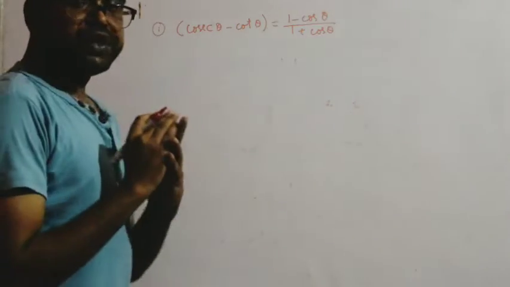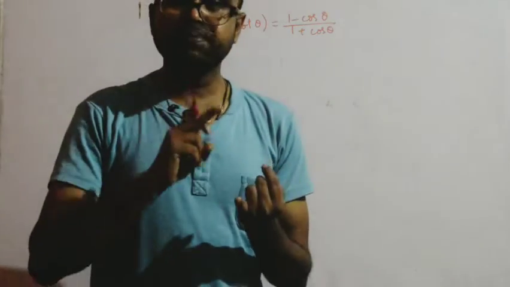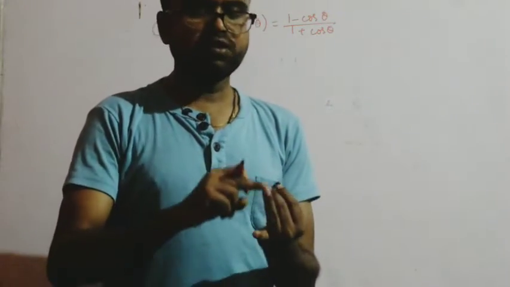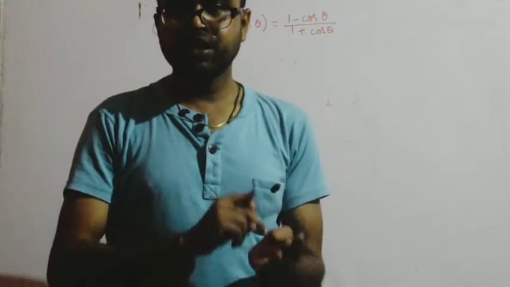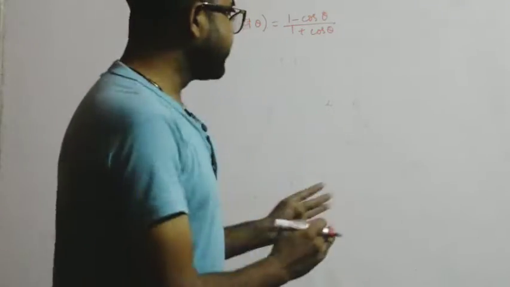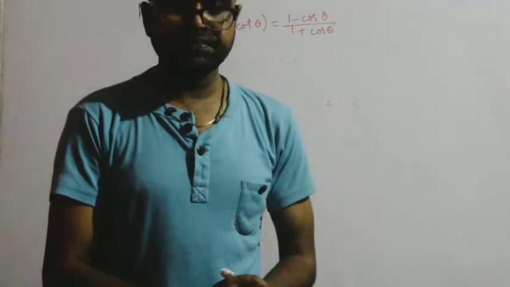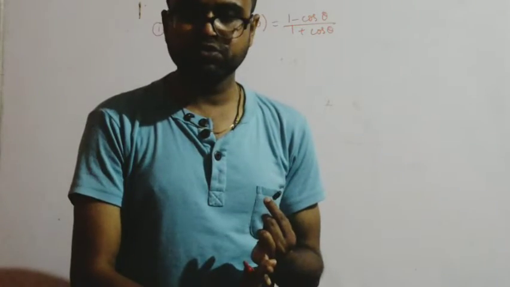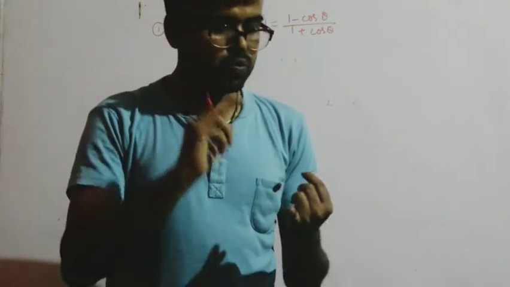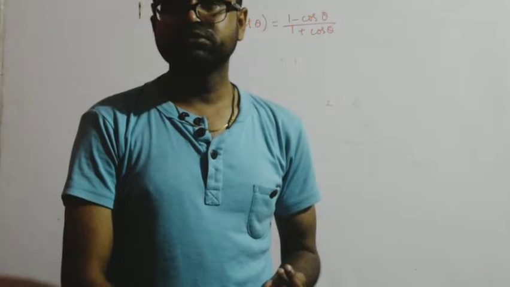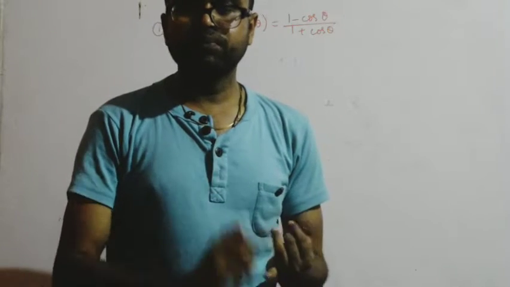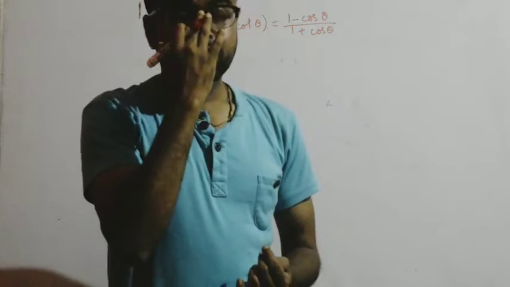Now, a few things you have to keep in mind. You have to know the basic ratios: sine, cos, tan, cot, sec and cosec. Again, the three identities that we have got today in this video. Sine square theta plus cos square theta is equal to 1. 1 plus tan square theta is equal to sec square theta, and 1 plus cot square theta is equal to cosec square theta.